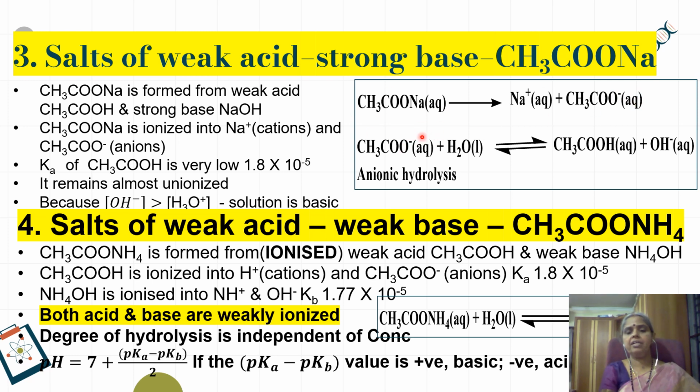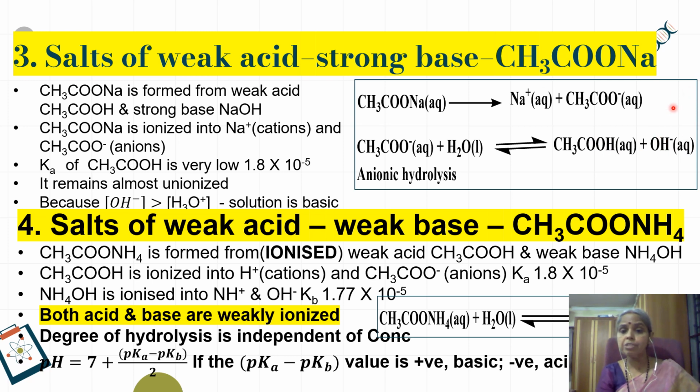CH3COO minus ions will react with water. They form acetic acid and release OH minus. Because acetic acid's dissociation constant is very low, 1.8 into 10 to the power of minus 5, it doesn't undergo ionization and will release very few H plus ions.